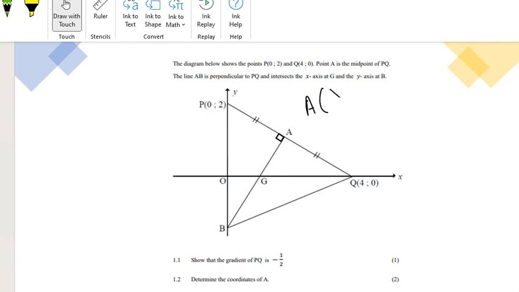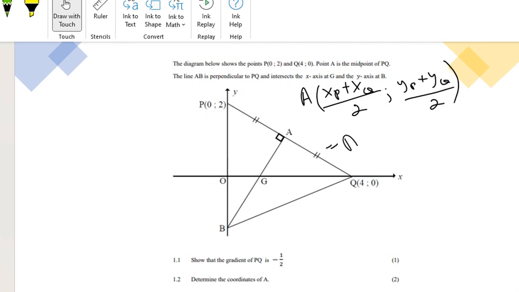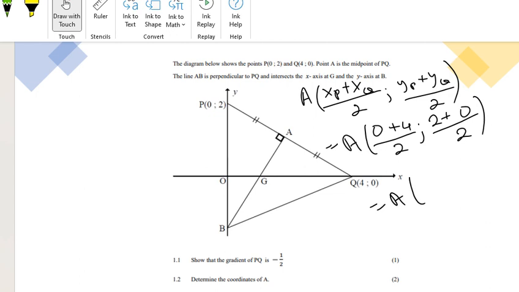So the coordinates of A are xp plus xq, all divided by 2, yp plus yq, all divided by 2, which is equal to 0 plus 4, all divided by 2, 2 plus 0, all divided by 2. That's 4 divided by 2, that's 2, and 2 plus 0, that's 2, divided by 2, that's 1.